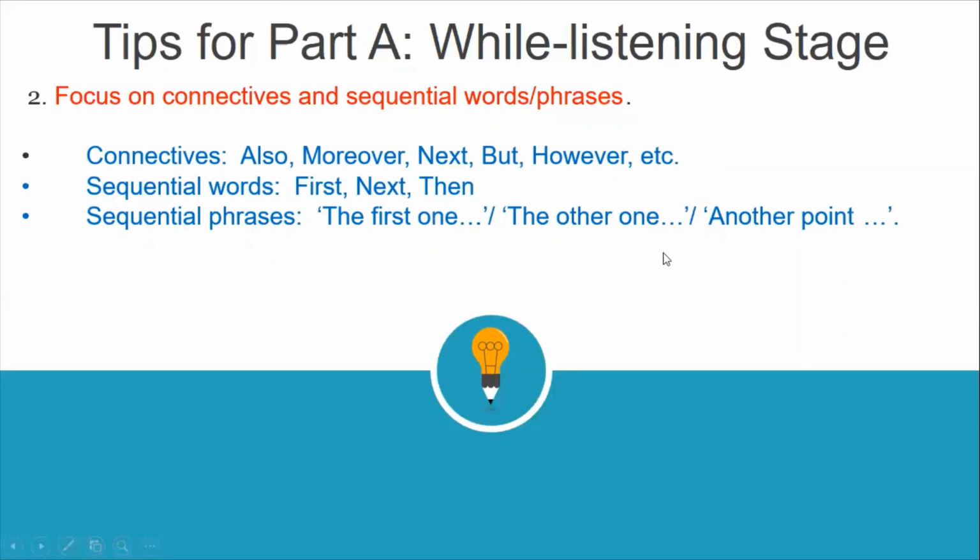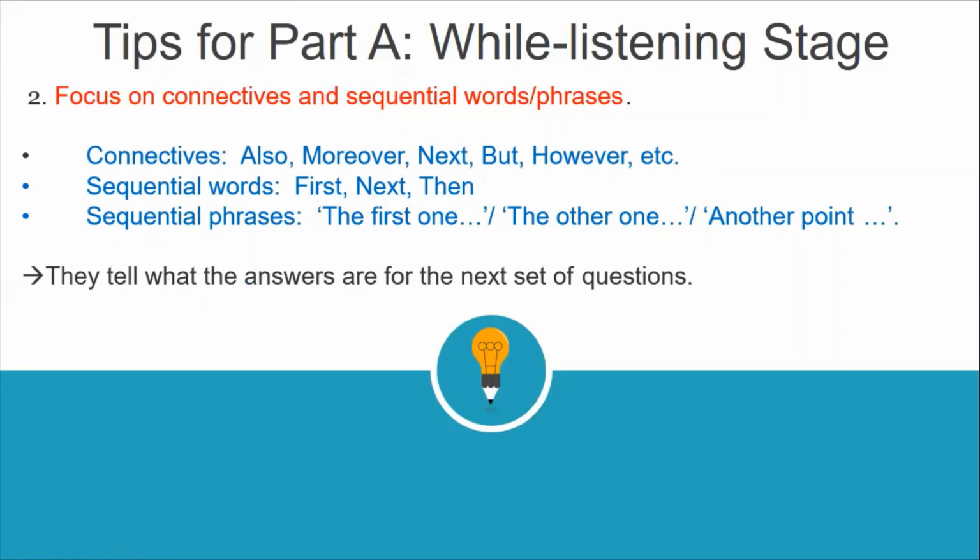The first one, the other one, or another point. These words are important because they tell what the answers are for the next set of questions. In other words, when you hear them, they indicate a new point or an answer is coming.